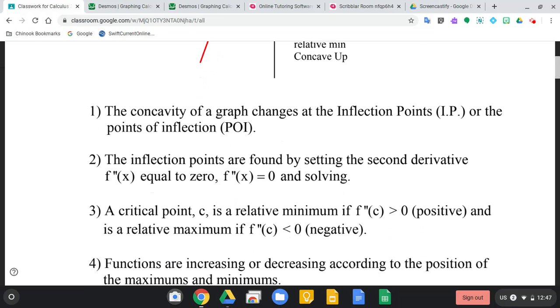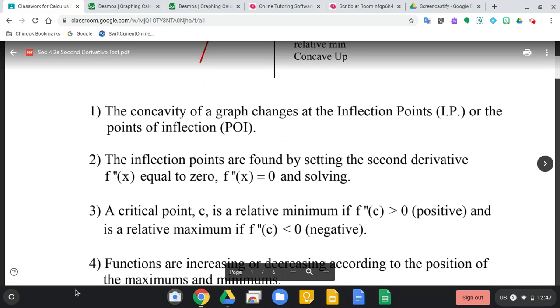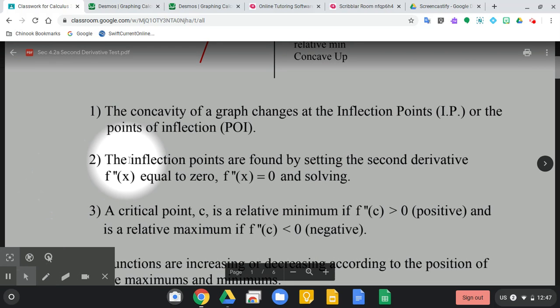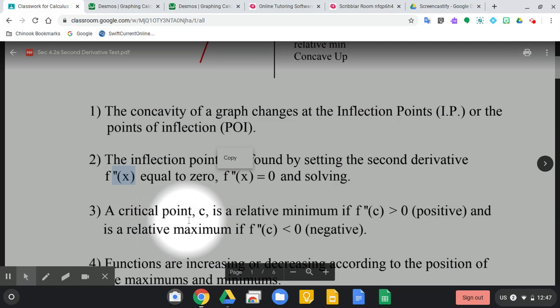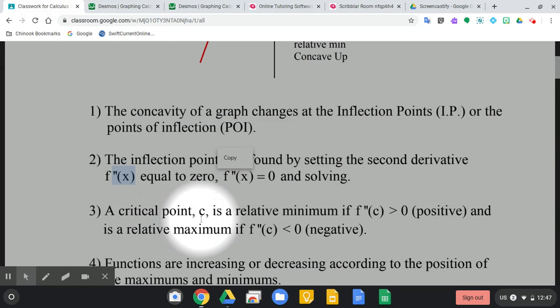We have something called the second derivative test. If I have a critical point C, the critical point C will be a relative minimum if I take that C value and substitute it into my second derivative and get a positive answer.